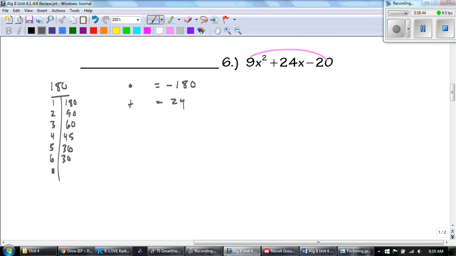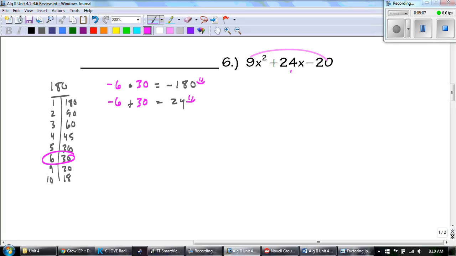I know we're not done yet. 9 and 20, and then 10 and 18. Okay, so how do we get to 24? Yeah, 24 is going to be 6 and 30, and the 6 needs to be negative.